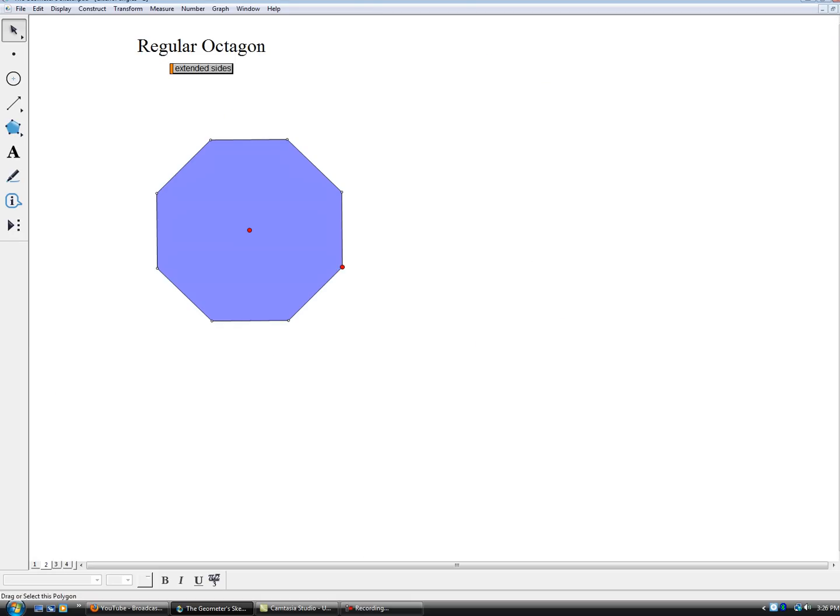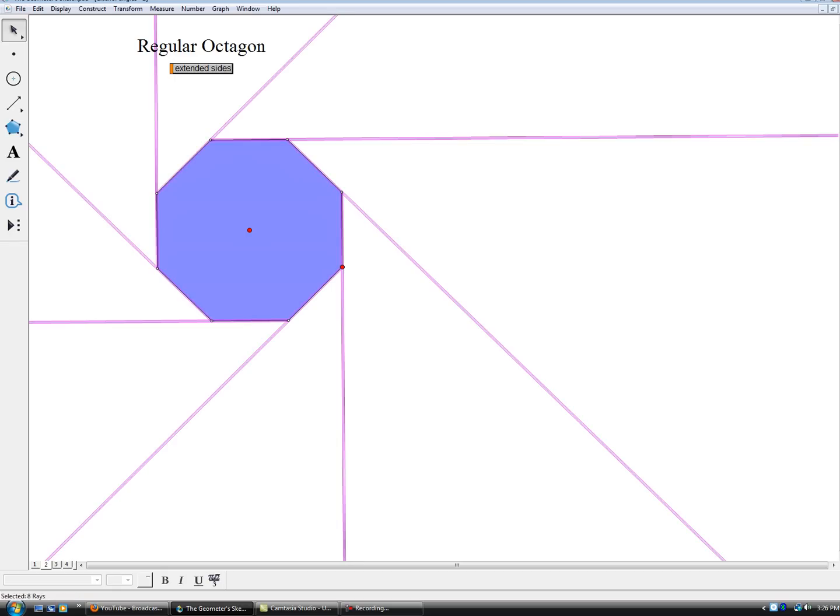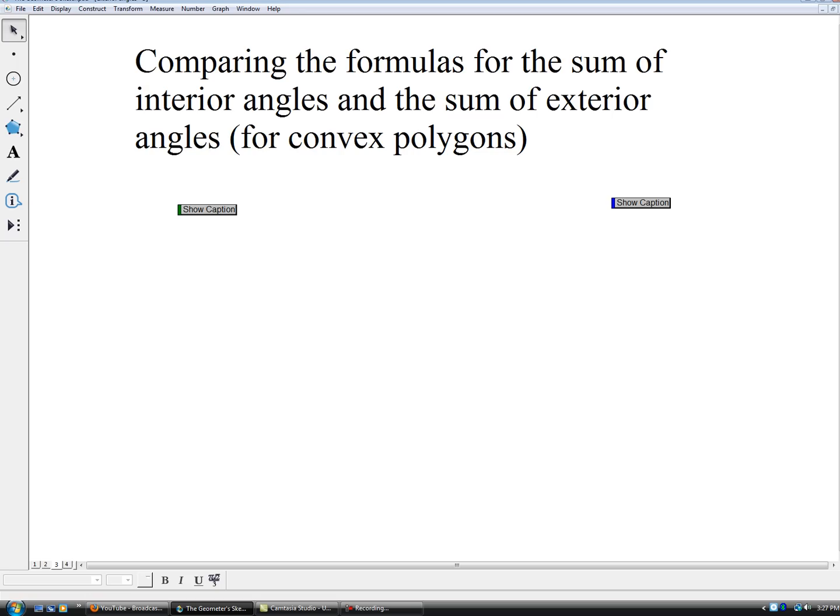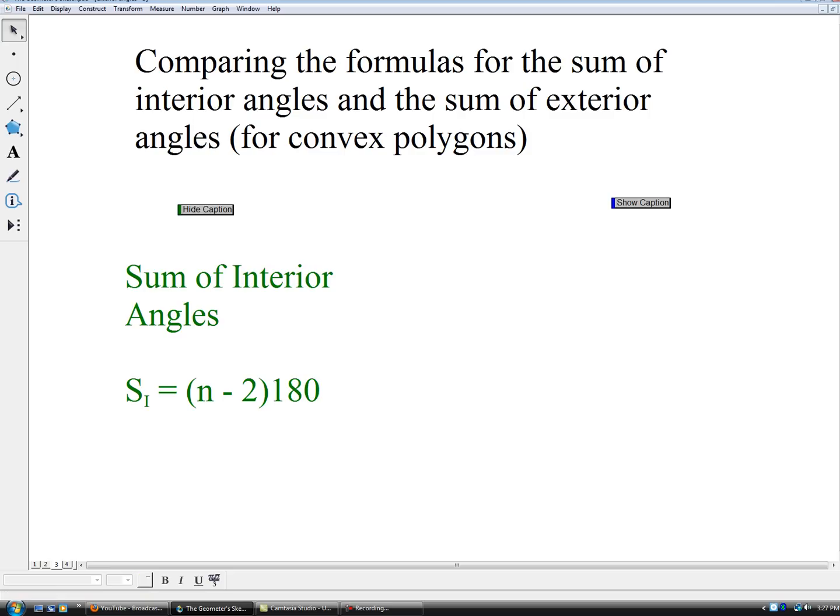Now, a regular octagon, we could extend the sides. For this, I want to show you that sometimes it's easier to start with the exterior angles. And let's go ahead and take a look at the actual formulas. This was from a previous video.